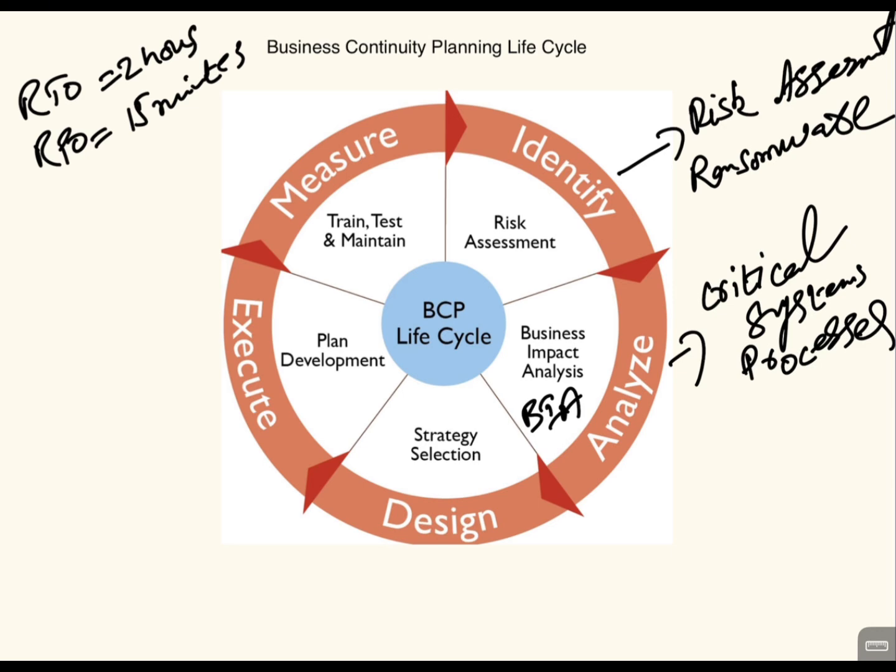Before continuing any further, let me tell you what RTO is. RTO is recovery time objective. That means how fast must we recover the service? And recovery point objective is data loss.